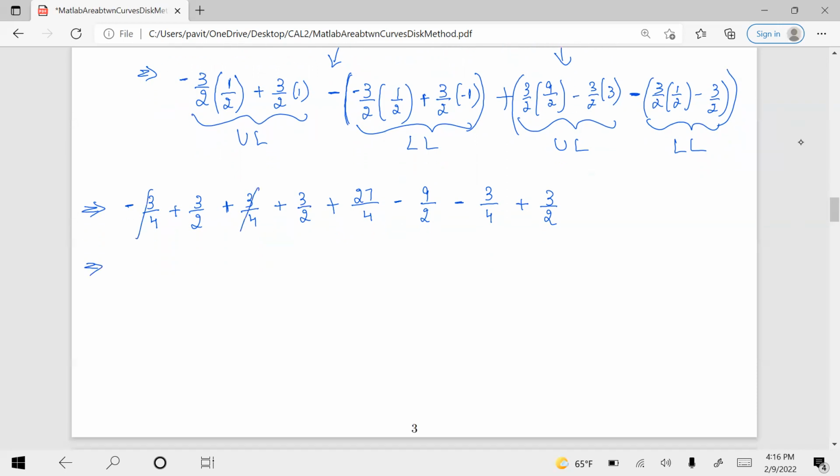Negative 3 half here, these two get cancelled. We have 1, 2, 3, 3 halves. That will give you 9 by 2 plus 27 by 4 minus 9 by 2 minus 3 by 4.